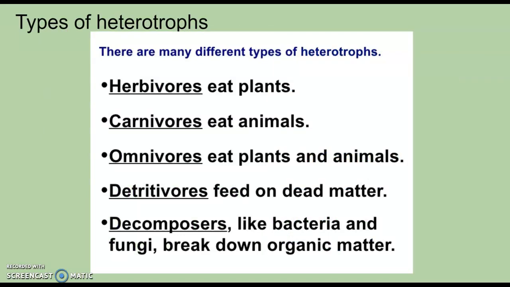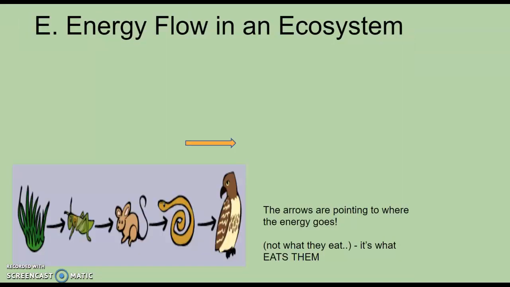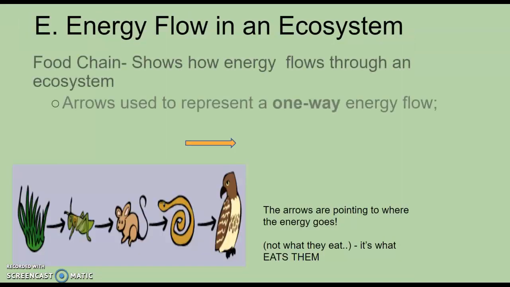You guys also should know what this is. Types of heterotrophs. You know that herbivores eat plants, carnivores eat other animals, omnivores eat both. Decomposers are going to eat dead matter and break things down.